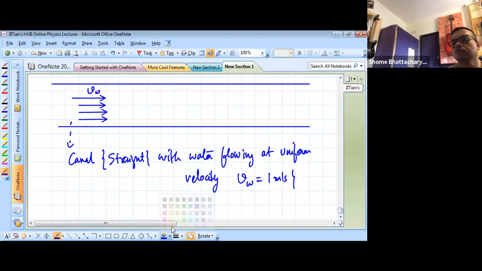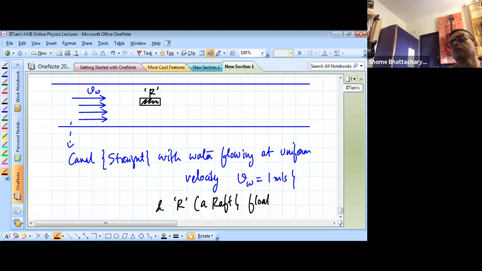Now, in this we have that's a raft floating on the water.